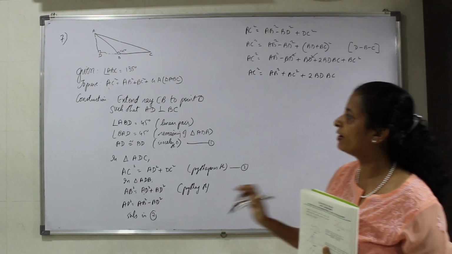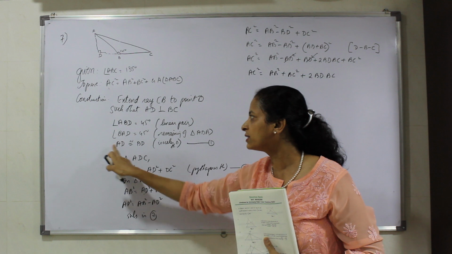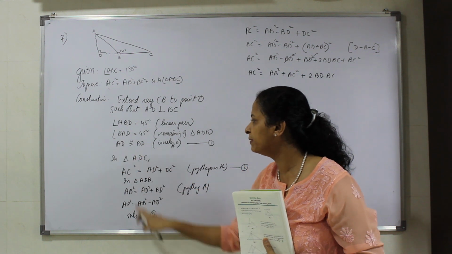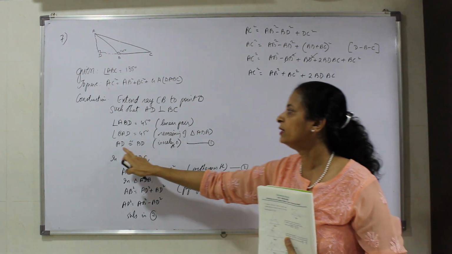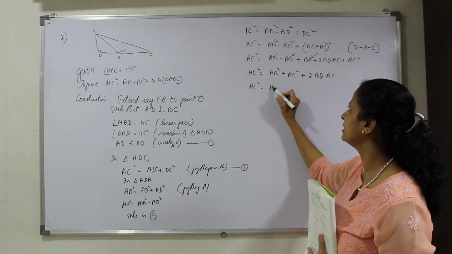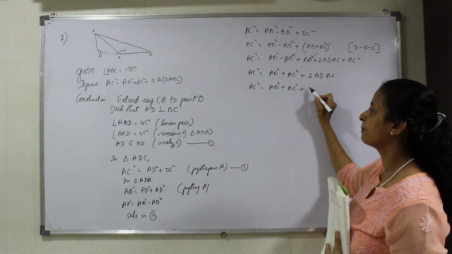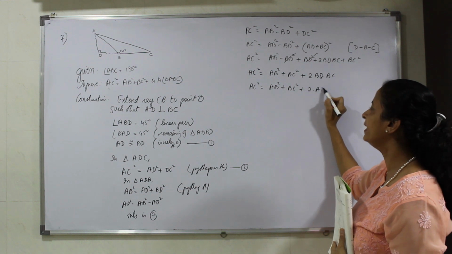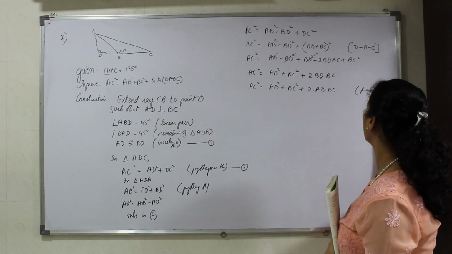Having done so much, you have realized that at the start of the sum we took the trouble to say AD is congruent to BD, but we never used it anywhere. Here, this BD is replaced with AD, and so I rewrite it as AC square is equal to AB square plus BC square plus 2 times AD into BC, the reason being from equation 1.